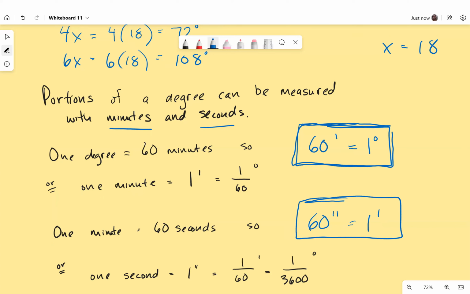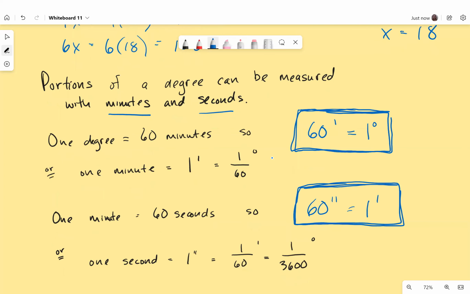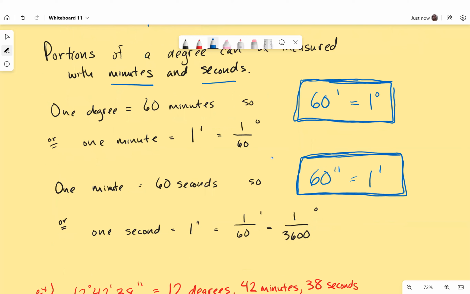And there's another conversion we can use later on. The other way we could think of that, if we divide both sides by 60, is 1 second is 1/60th of a minute.